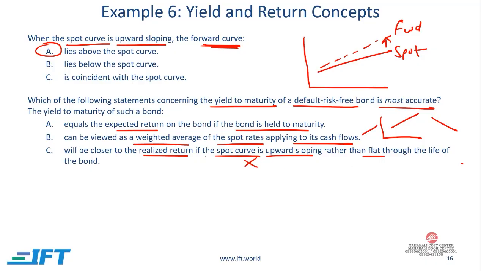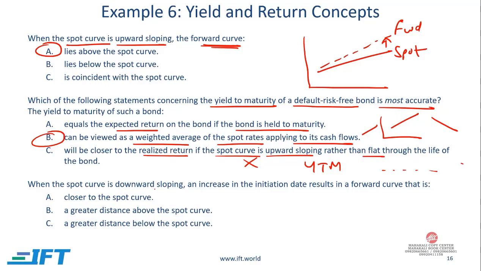If the yield curve is upward sloping, then that creates a difference between YTM and the realized return. If the yield curve were actually flat, then that's good. In that case, the YTM would be the same as the realized return, because then all the cash flows will be reinvested at the same rate. But here, the best answer is B.